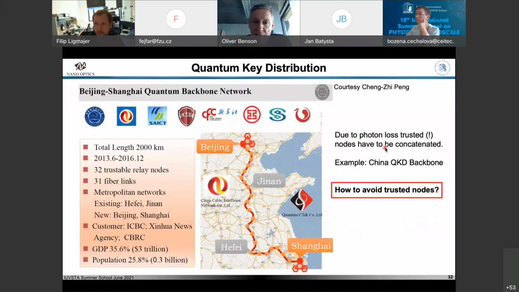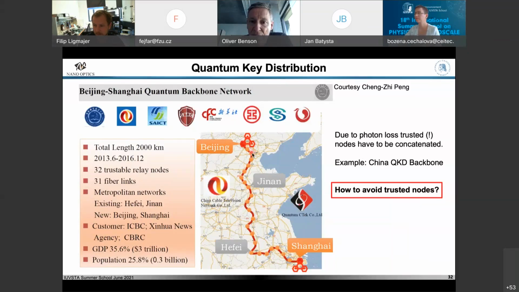This is shown here in a spectacular setup in China. They connected Beijing and Shanghai with QKD, but it's always subdivided into small pieces. You have an Alice and Bob here, and you can send the photons over maybe 50 or 100 kilometers and still detect individual ones.